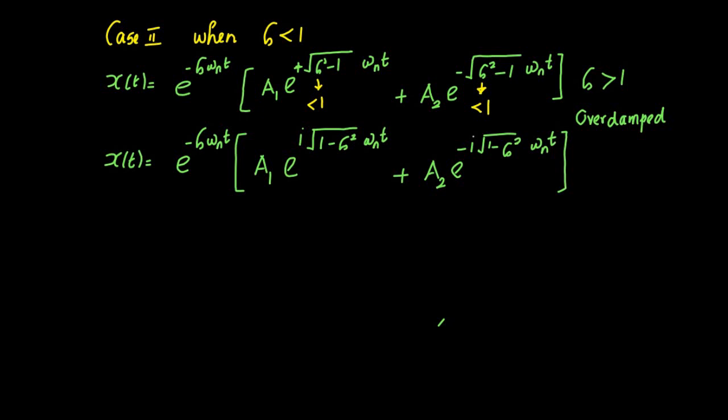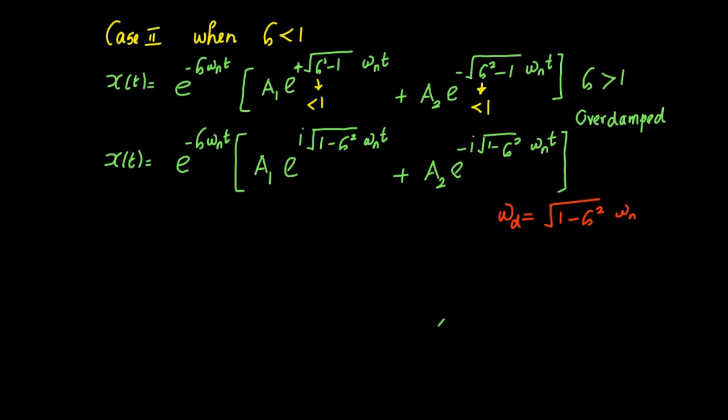Now, to simplify this expression even further, I am going to introduce a notation called omega d, and let omega d be root of 1 minus eta square into omega n, where omega d is called the damped frequency, because obviously this frequency belongs to the damped spring mass system.